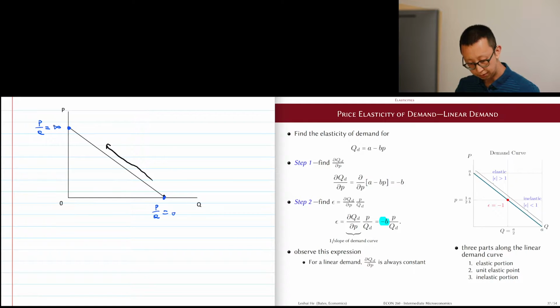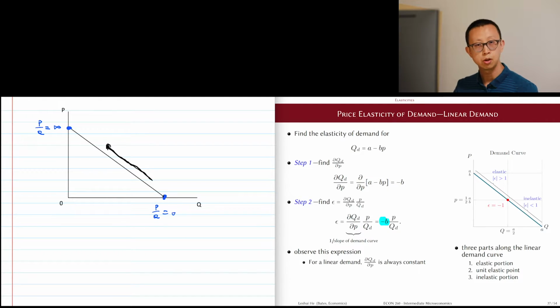Now, how does the ratio of P over Q change from the Q-intercept all the way up here to the P-intercept that is infinity? Well, it changes continuously in the following sense. As we travel up this demand curve, what happens is our value of P kept increasing, while the value of Q kept decreasing.